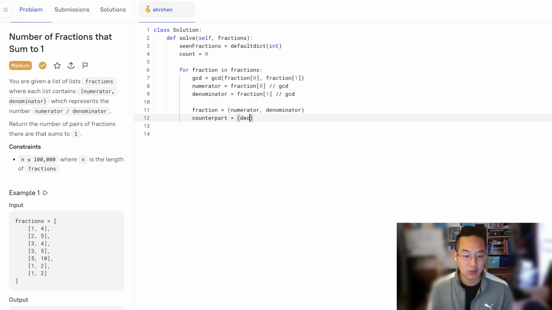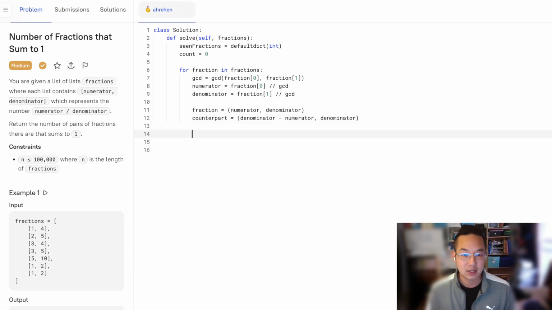Because we need to know if the counterpart exists. If the counterpart exists, let's add that to our count. If it exists 2 times, let's add it twice. If it exists 3 times already, let's add it 3 times.